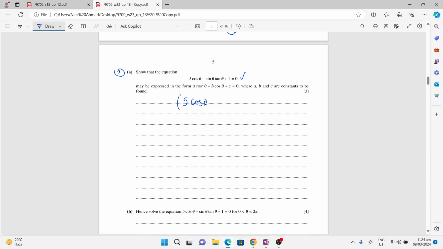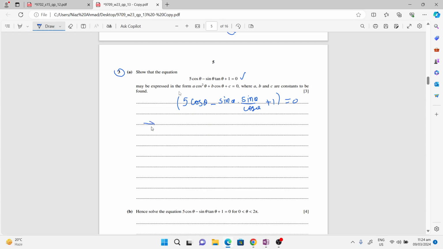So it's 5 cos theta minus sine theta, and then sine by cos theta, it would be like sine theta over cos theta, plus 1 equals 0. Well, this is your first step.